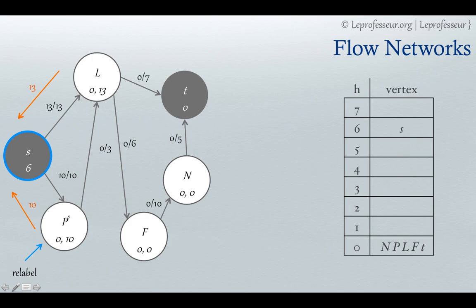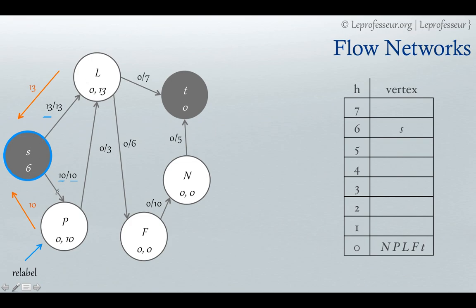L and P, and the edges between S to P and S to L, we saturate. Saturate means we send a flow value equal to its capacity. So between S and L, we send 13 units of flow, which is equal to its capacity. In the same way for the other edge, the flow value is 10 and the capacity is 10. So we saturated these two adjacent edges of the source node.